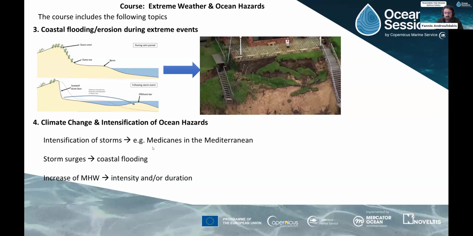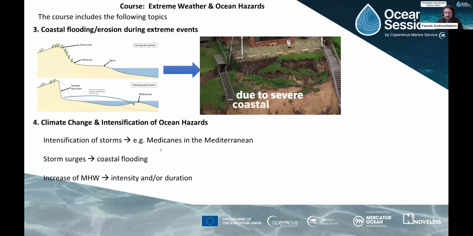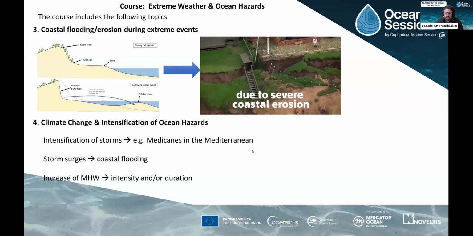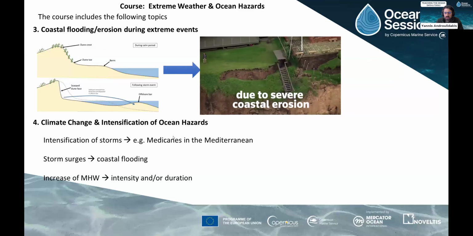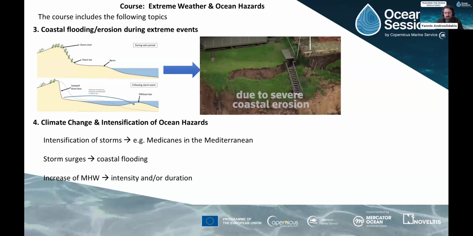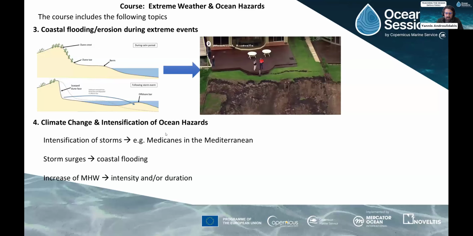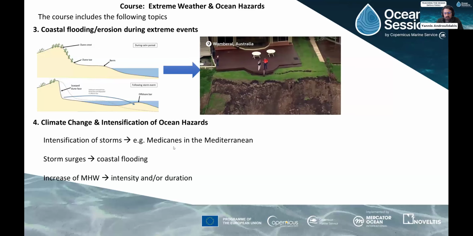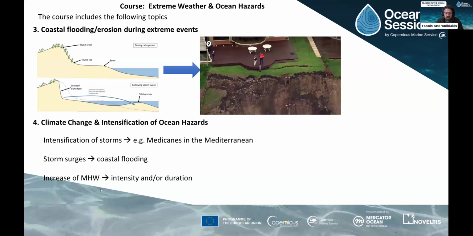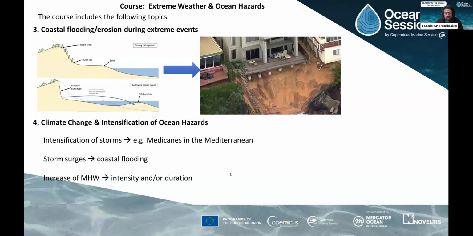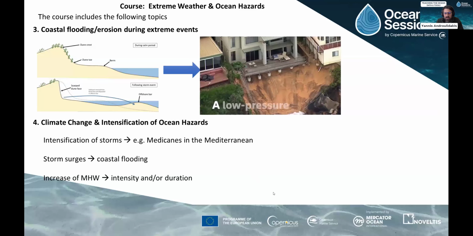For example, the intensification of storms, and we mainly focus on the Mediterranean Sea, so we talk a lot about the tropical-like storms. We call them medicanes. These are very severe storms for the Mediterranean Sea. We talk about storm surges and coastal flooding, and of course, the increase of marine heat wave intensity and duration under climate change conditions.